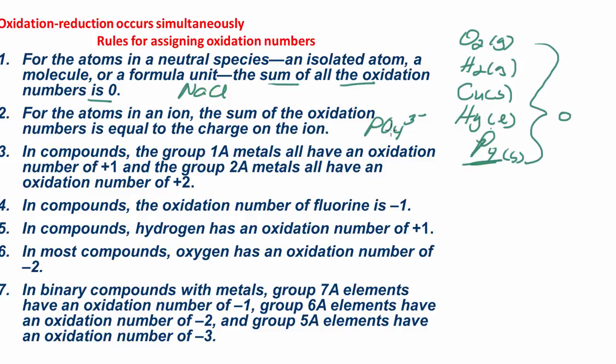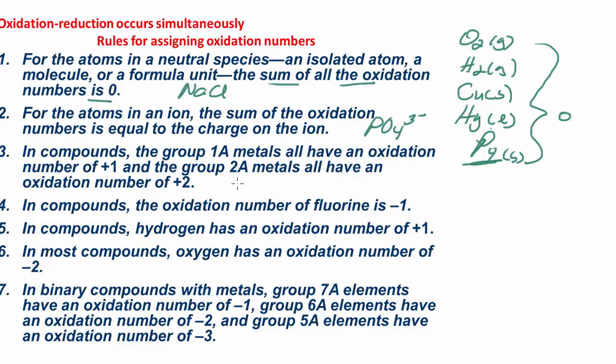Now, for ionic compounds, the oxidation number is just equal to the charge on that ion. So for example, group 1A metals are all going to have oxidation numbers of +1. Group 2A metals all have an oxidation number of +2. Group 3 metals, +3.